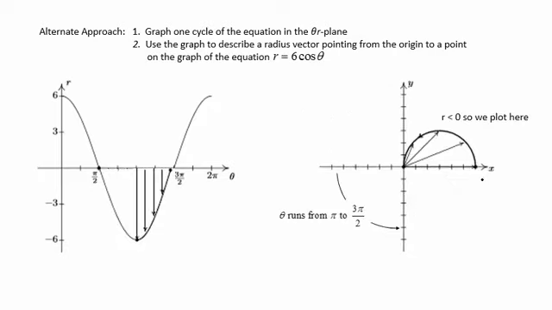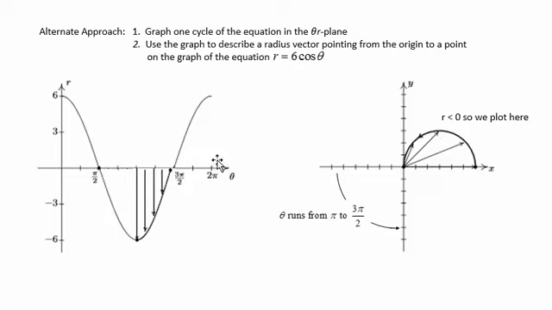As we continue to go through angles between pi and 3 pi over 2, our radius vectors would still be negative. So when you're in this third quadrant, they would reflect over into the first quadrant and trace out again the top portion of the circle that we already saw.